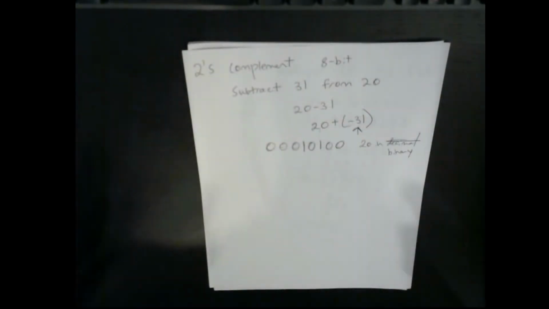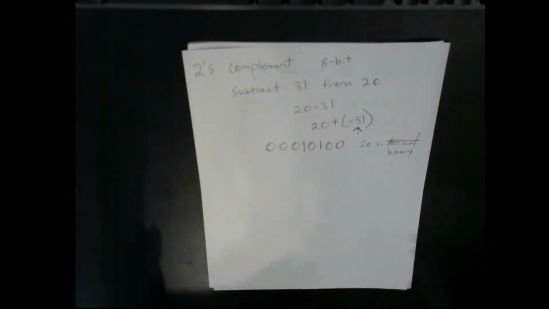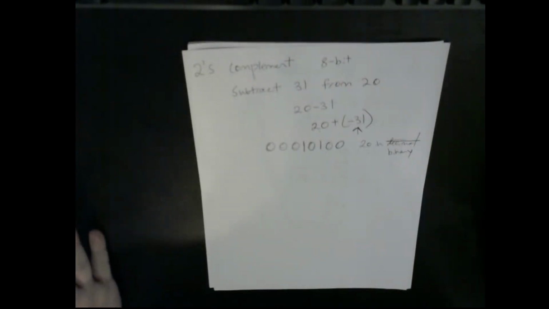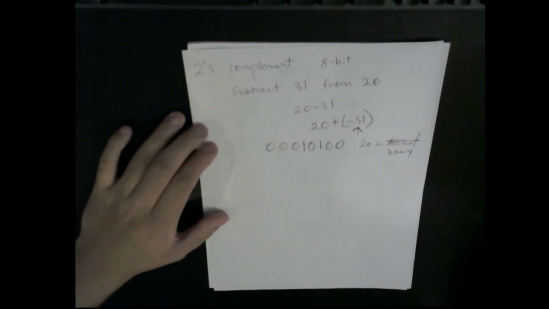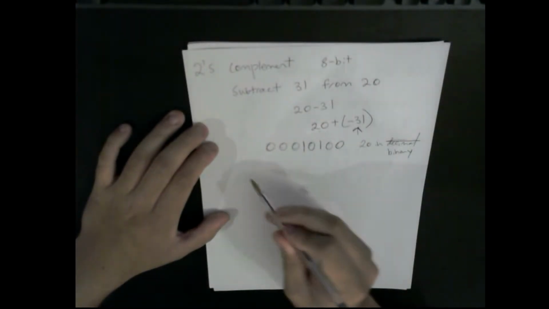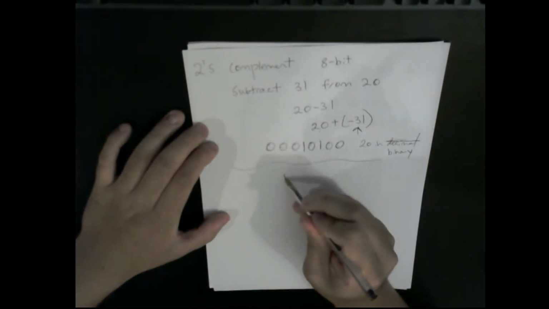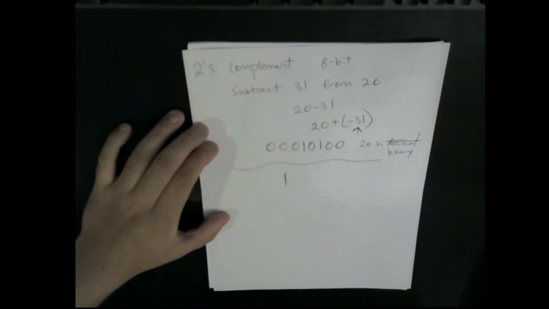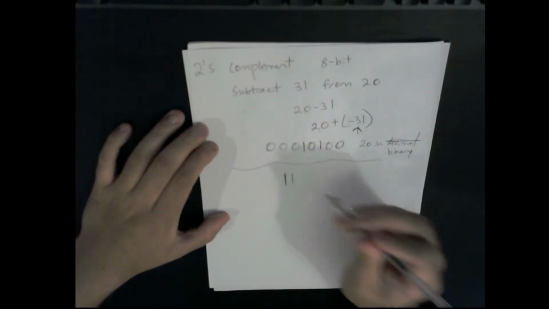All right, here's the harder part. How do I get negative 31? So the process is kind of similar. First, I'm going to write 31 in binary, how we've been doing this entire time. So I'm going to do my same process. What's the highest power? Can't fit 32 in there, but I can fit 16, right? So 16. Can I fit another 8 in there? That'll add to 24, so yes, I can fit another there.